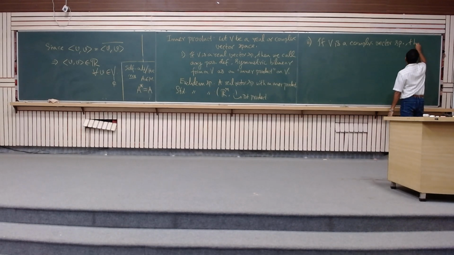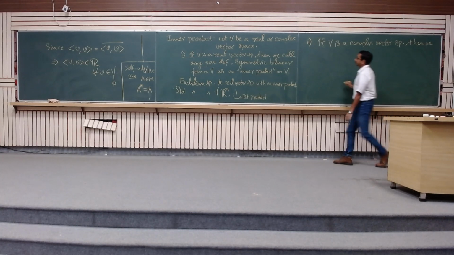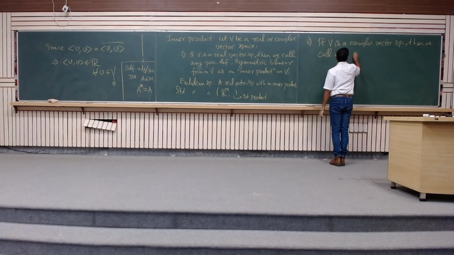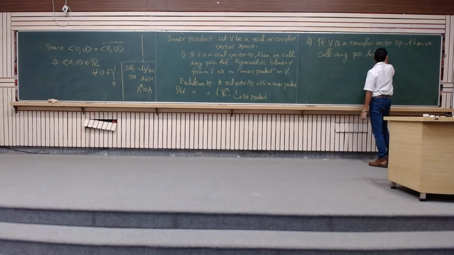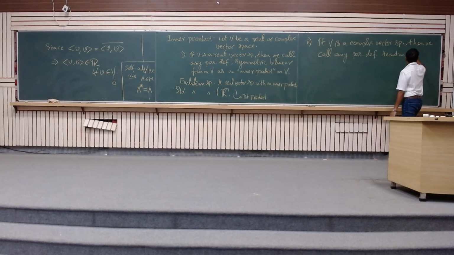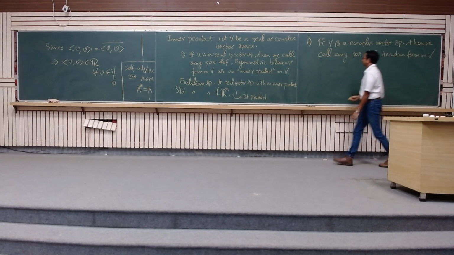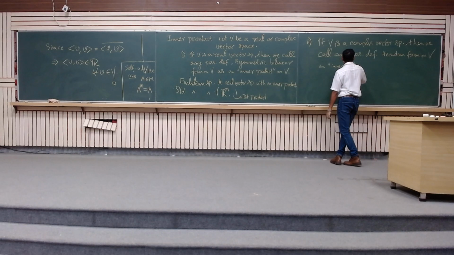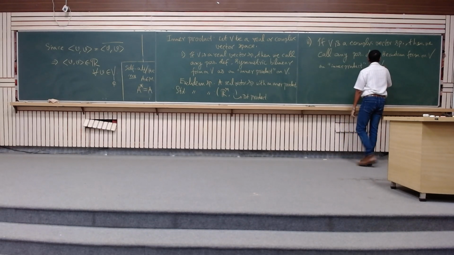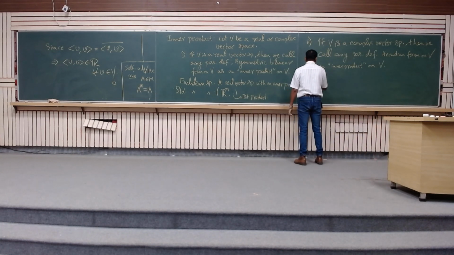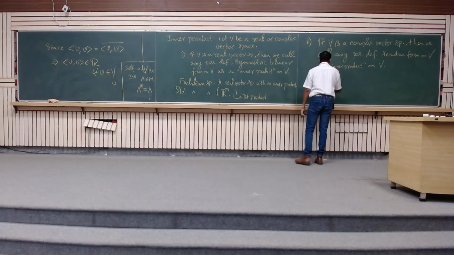Then we call any positive definite Hermitian form on V an inner product on V. And then we call it a Hermitian space, or it is also called a unitary space.